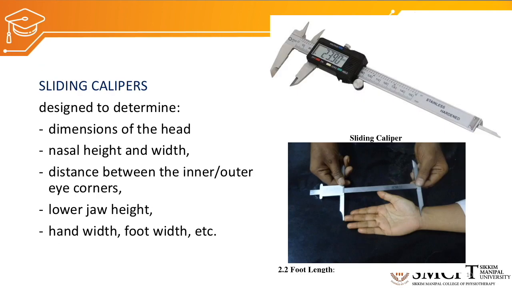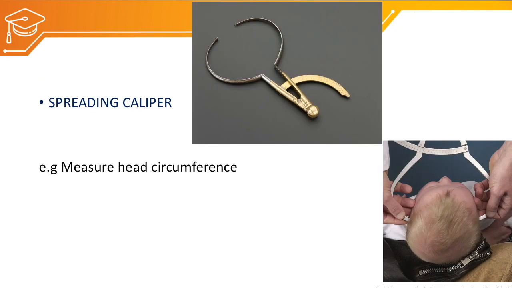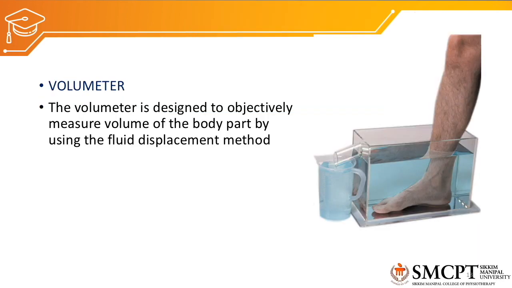Skin fold calipers as well as sliding calipers also were discussed, and one of these sliding calipers is also called the thoracometer, which is used for measurement of the foot length or girth. We learned about the spreading calipers, which is mostly used for measurement of the head circumference, and we discussed the volumeter, which is primarily used for girth measurement.